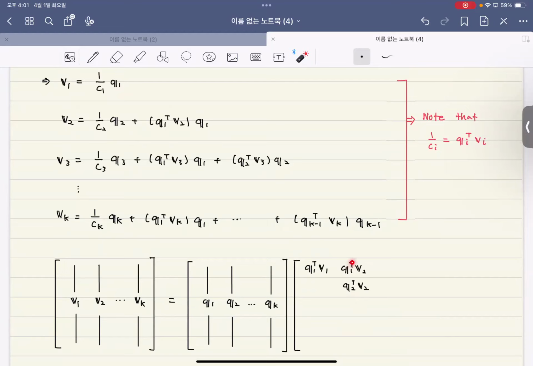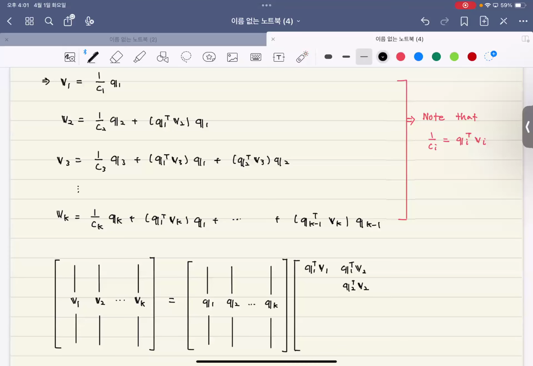In this case, this is the second column, and this number times this vector plus this number times that vector, with all the others 0, must be the same as the second column over here, which precisely realizes the second relation. Can you see the pattern here?